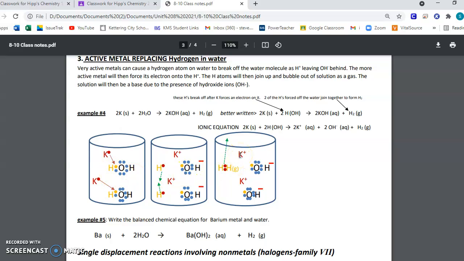When K loses its electron, it becomes K plus. There's the hydroxide ions that were left after the H broke off. And what happens to these two H's? They end up joining. Each puts in an electron to make a single bond, which will give hydrogen the 2 electrons it needs to satisfy the duet rule, and it will come out of the solution as hydrogen gas molecule.